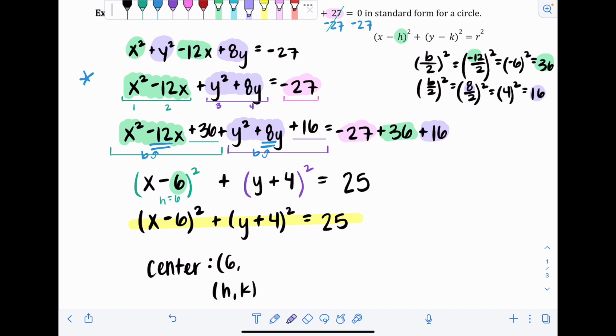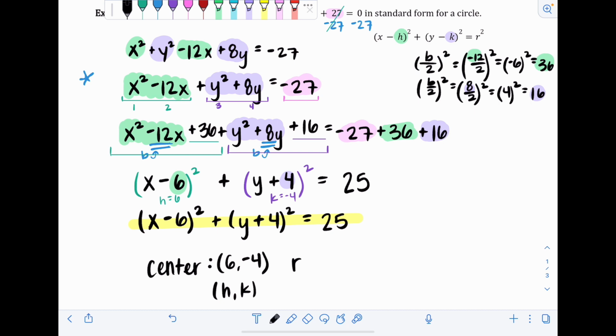And then k is in the parentheses with the y, it's y minus k. So since I have a y plus 4 here, remember it's kind of like the opposite of what it looks like it should be because of that minus in the formula. So k would actually be negative 4. Because if I were to put negative 4 in here, it would be like y minus negative 4, and it would turn it into a plus 4 just like we have in our equation. So k is negative 4, so that'll be the y coordinate for our center.